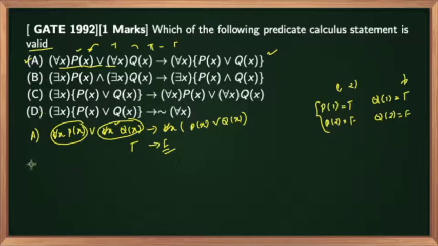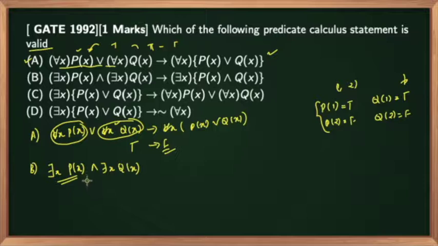Now let's see choice B. It says there exists an x, P of x, and there exists an x, Q of x. So the x in P of x need not be the same as the x in Q of x.